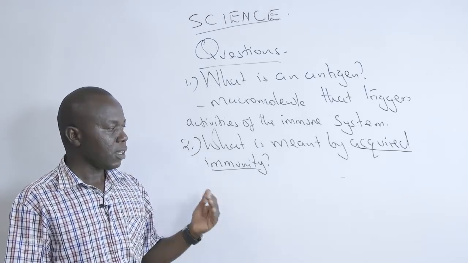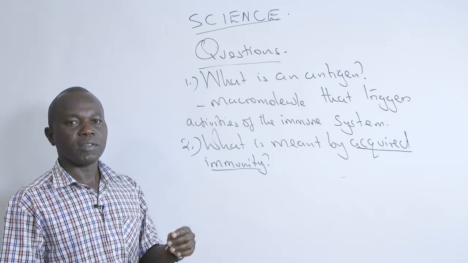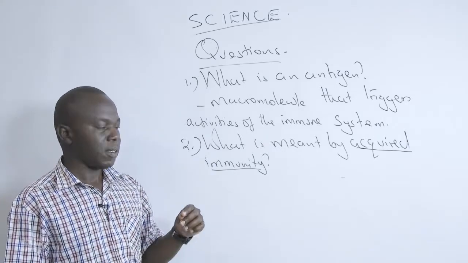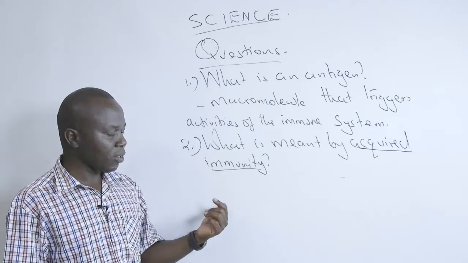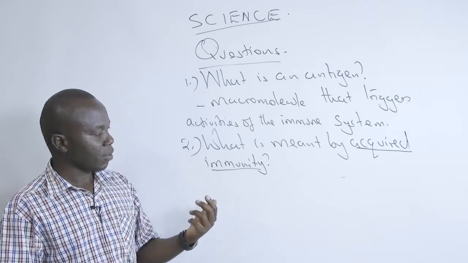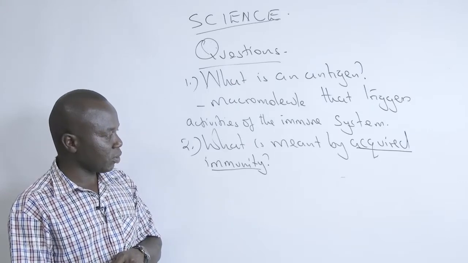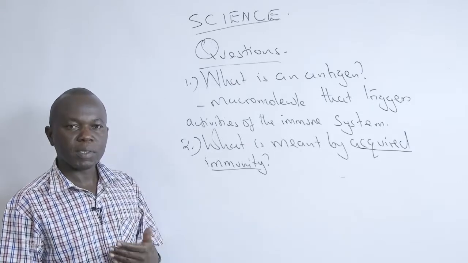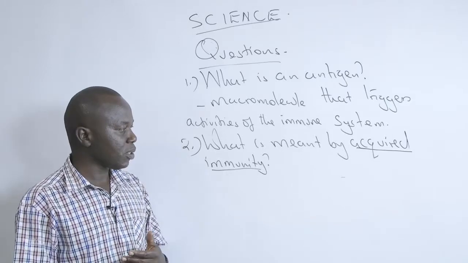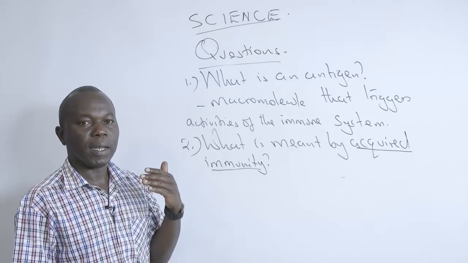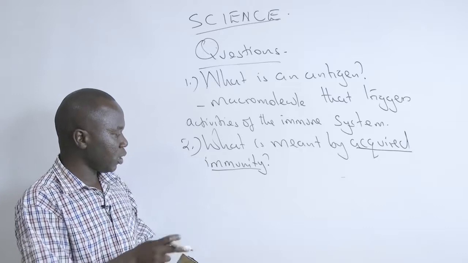But now, the memory of the structure of that antibody or pathogen is going to be retained in the body of the affected person, so that when you have subsequent attacks, the same antibodies will be produced in even much larger quantities.